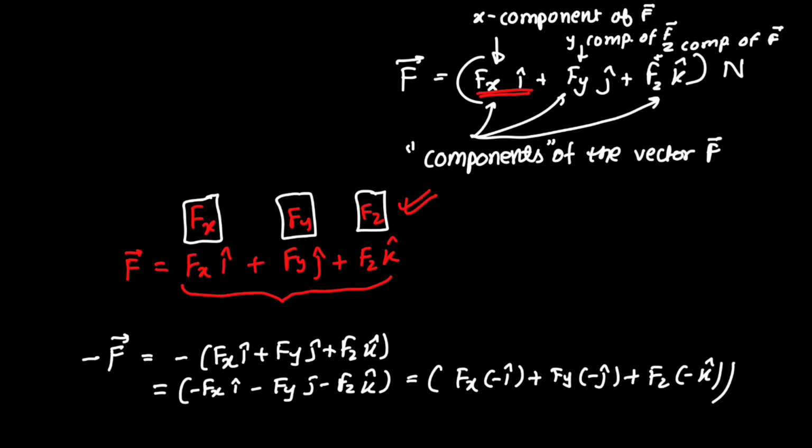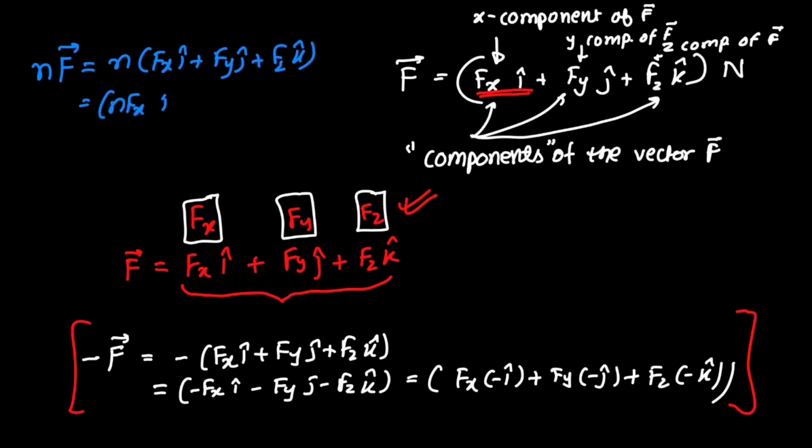And just as I have shown you how the negation of the force vector works, I will conclude this video by showing you how multiplication by a scalar works. So if you have, for instance, n F vector, then again you multiply this whole right hand side with n.